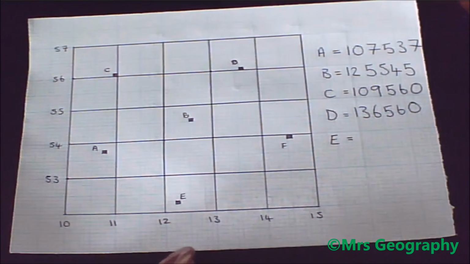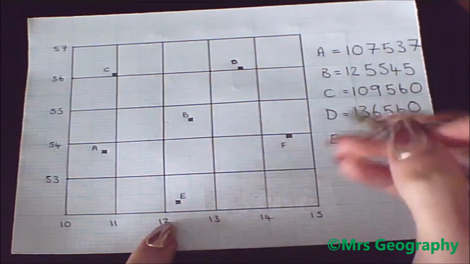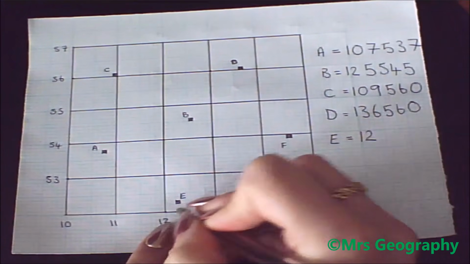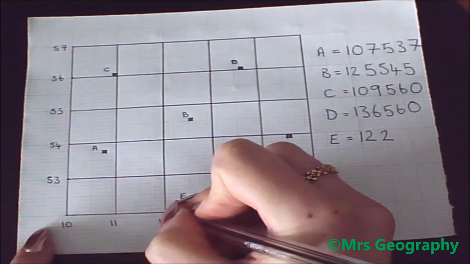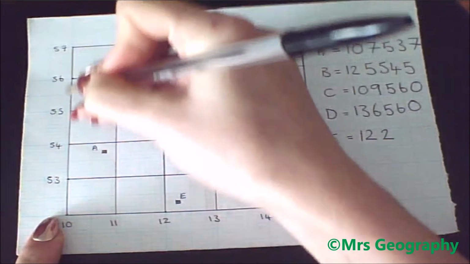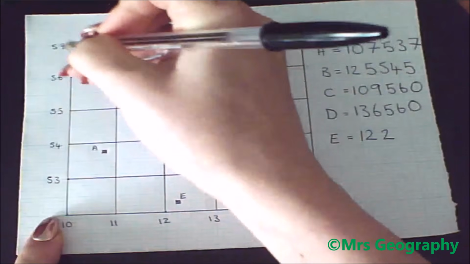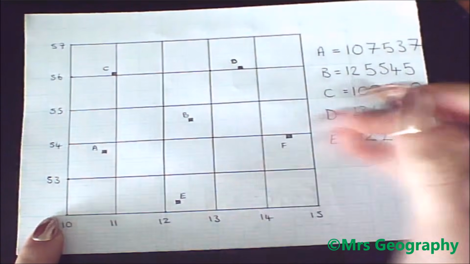E, this box. And now, there's no number here, but grid references always run in number order. So if we count down 57, 56, 55, 54, 53, we know that this is 52.